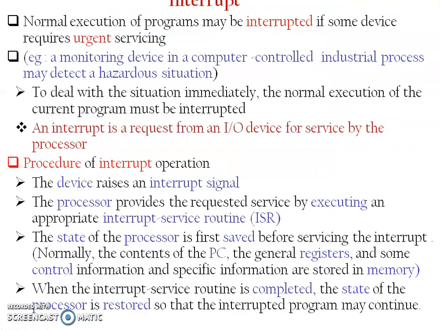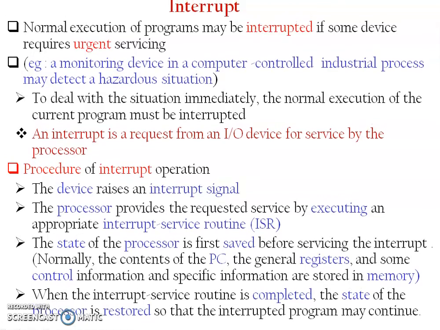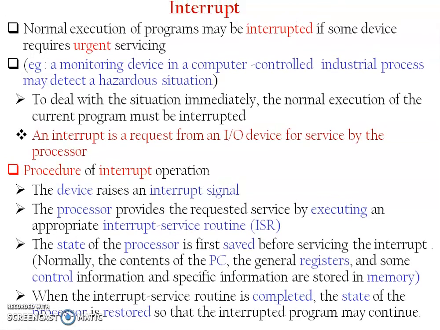Apart from these operations, like transfer of data between memory and processor, or transfer of data between IO device and memory, or IO device and processor, there is another form of data transfer, or command transfer, in the form of interrupts. So normal program execution can be interrupted when any urgent servicing is required.